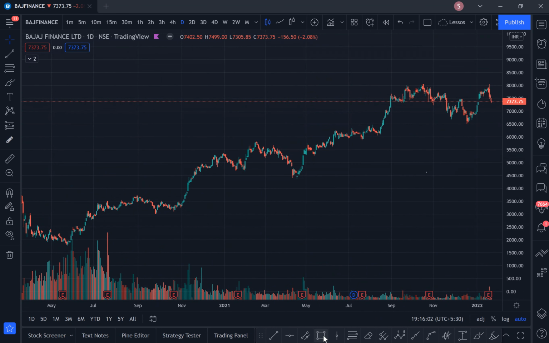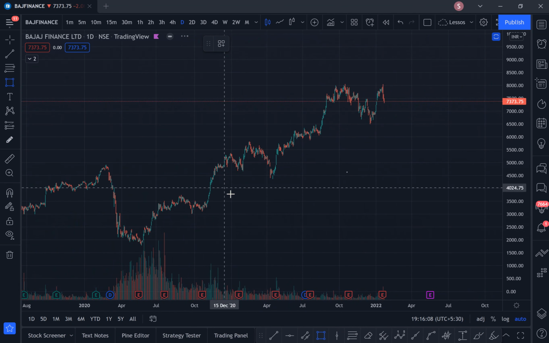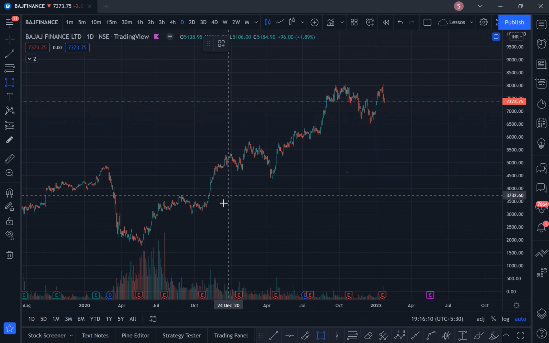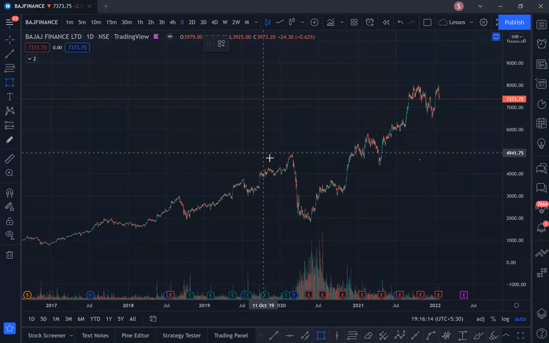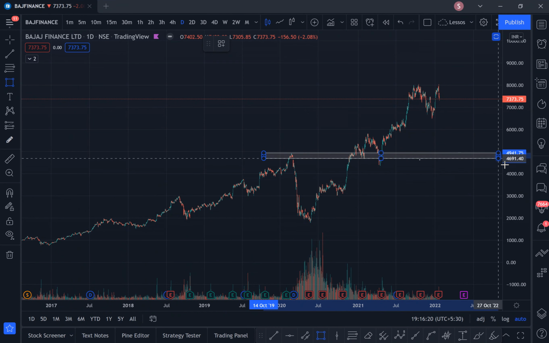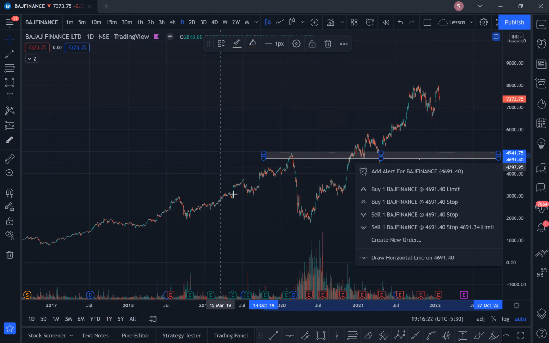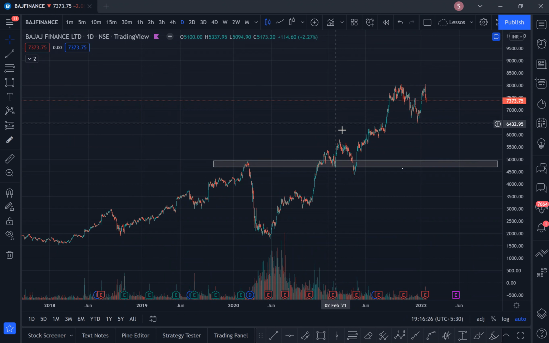So you see here where we can see, we can draw a price here, we can draw a block over here, then furthermore we can also draw something over here.